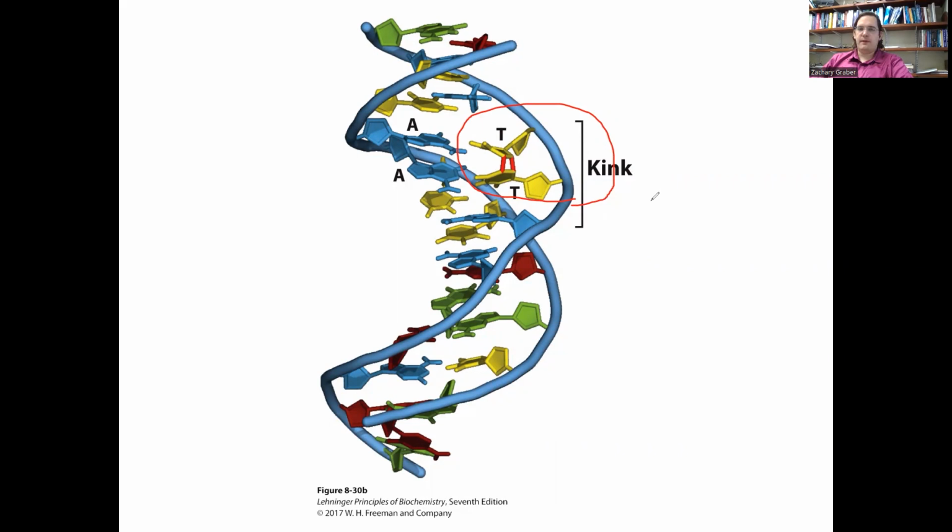We end up producing this kink because our thymines can't quite rearrange themselves into the proper double helical 3D structure. Our repair machinery would be able to feel that difference in structure, since, as we've talked about, that structure affects the interaction between proteins and our DNA. And so they would recognize that kink in order to try to repair and correct that mutation.